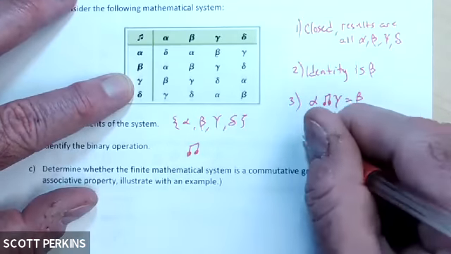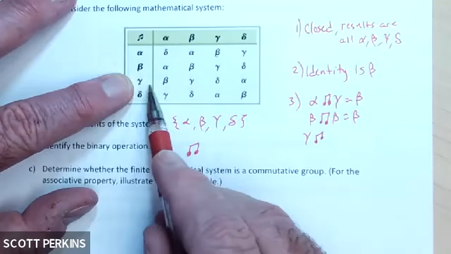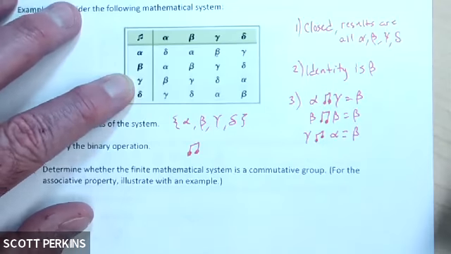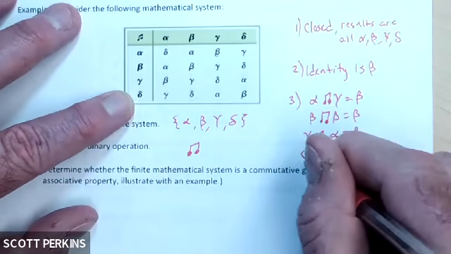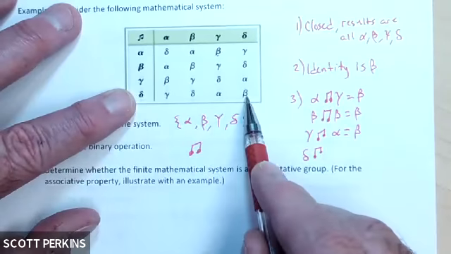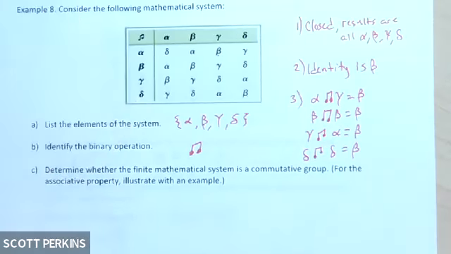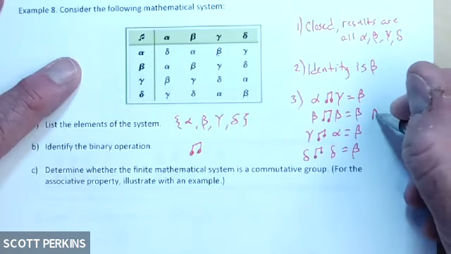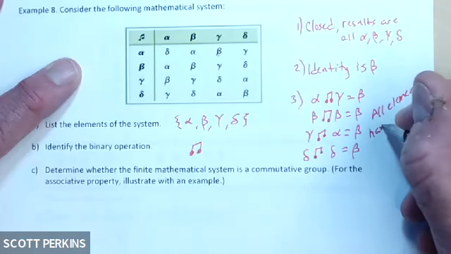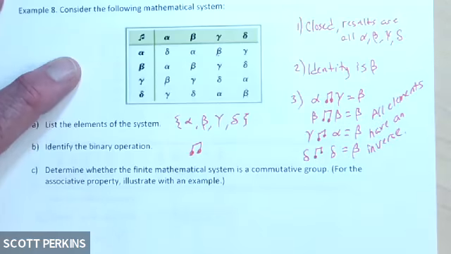And then gamma with my music sign. Okay, gamma with alpha produces beta. And then last but not least, delta, and delta combined with itself. Delta gives me beta. So everything has an inverse. So all elements have an inverse, which is what we're looking for.